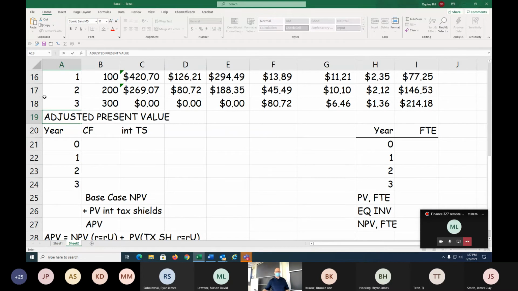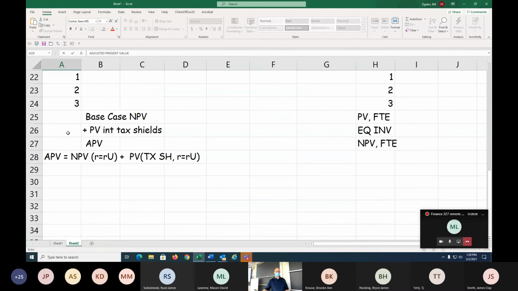Let's go to the bottom here, and you can see that the APV is equal to the NPV discounted at the unlevered cost, plus the present value of the tax shields, and in this case, also discounted at the cost of unlevered equity.